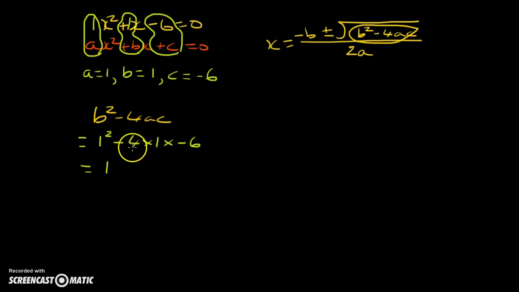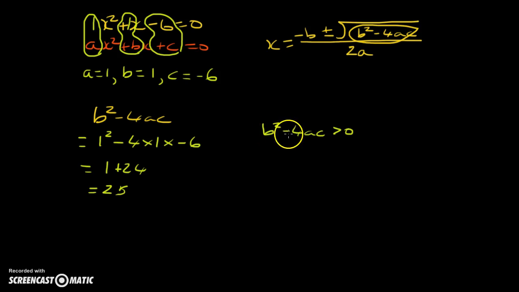And then, doing the power first, now the multiplication: negative 4 multiplied by negative 6 is positive 24, multiplied by 1, so positive 24. So 1 plus 24 is 25. So in this case, b squared minus 4ac is positive, or greater than 0.